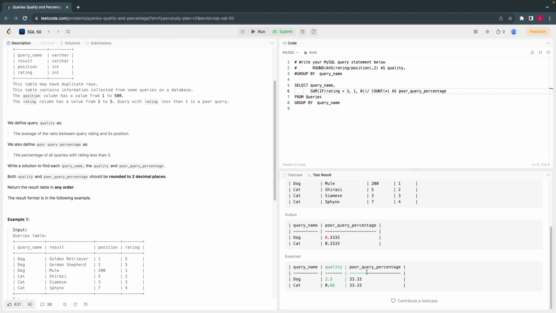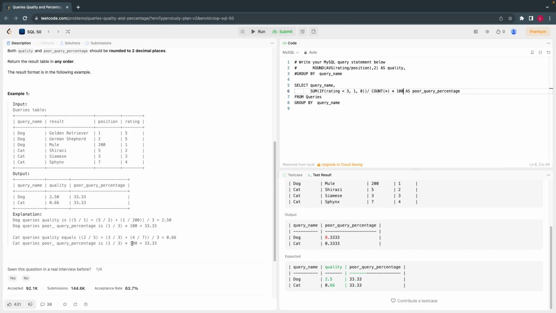All right, so we are trying to solve this. We are almost there. At the same time, we also have to multiply by 100 because they are asking us to. If you see in the equation, they multiplied here, and they are also taking a round, right? So let's take this round.